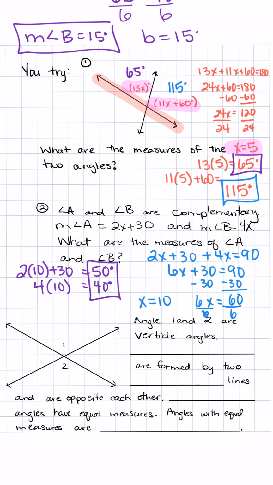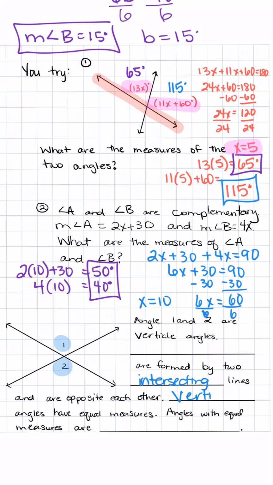Okay, so angle 1 and angle 2, so here's 1, here's 2, are vertical angles. Vertical angles are formed by two intersecting lines and are opposite each other.